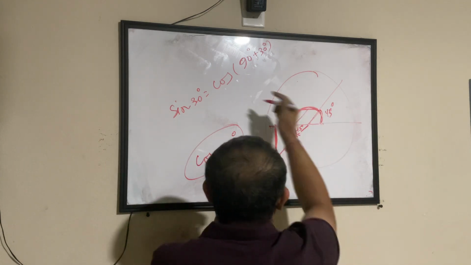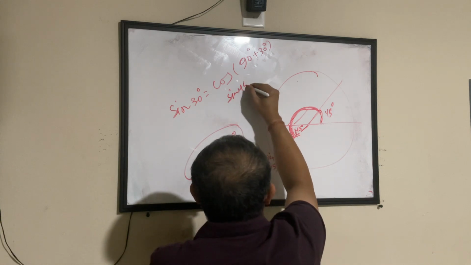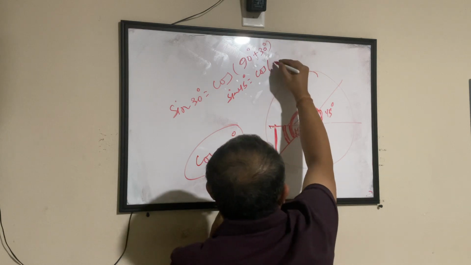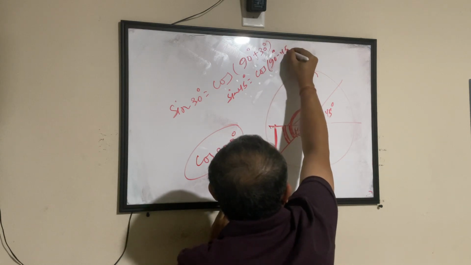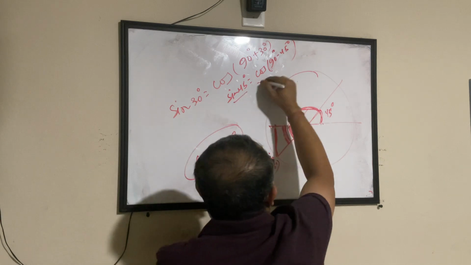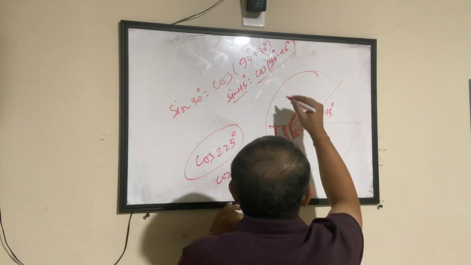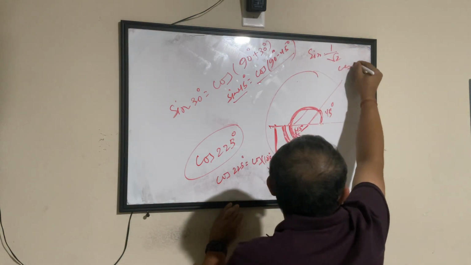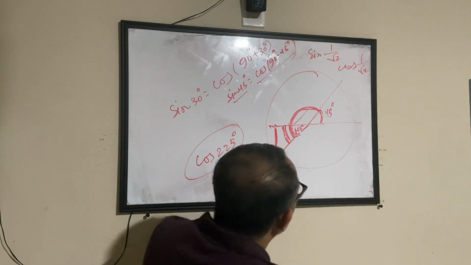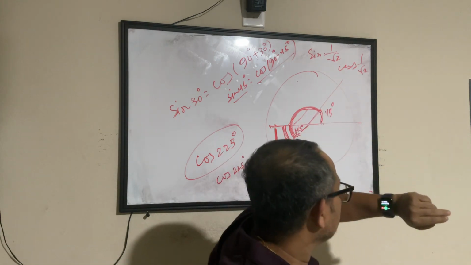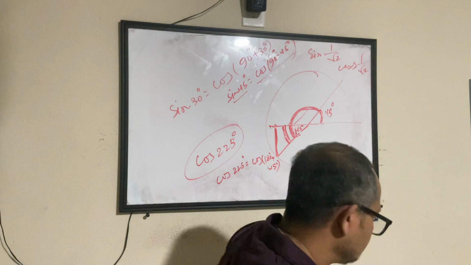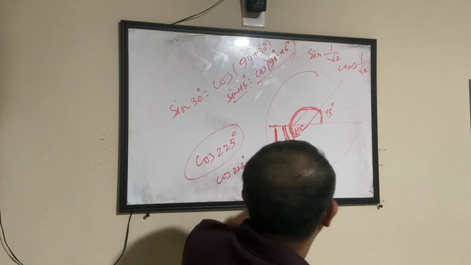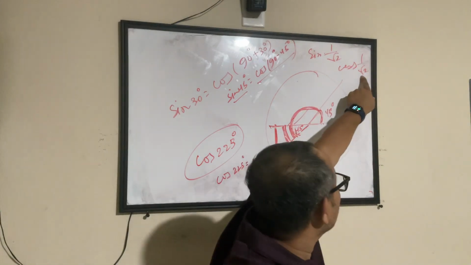So from sine 45 degrees, you know that this is equal to cos of 45 degrees by the complementary angle concept, 90 degree minus 45 degrees, right? So sine 45 is equal to cos 45 degree. If sine 45 is 1 by root 2, your cos 45 is also 1 by root 2. So you know that your absolute value is 1 by root 2.